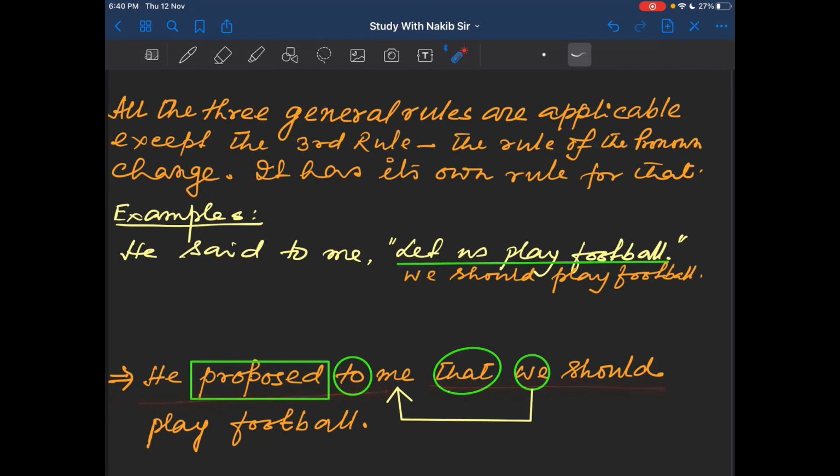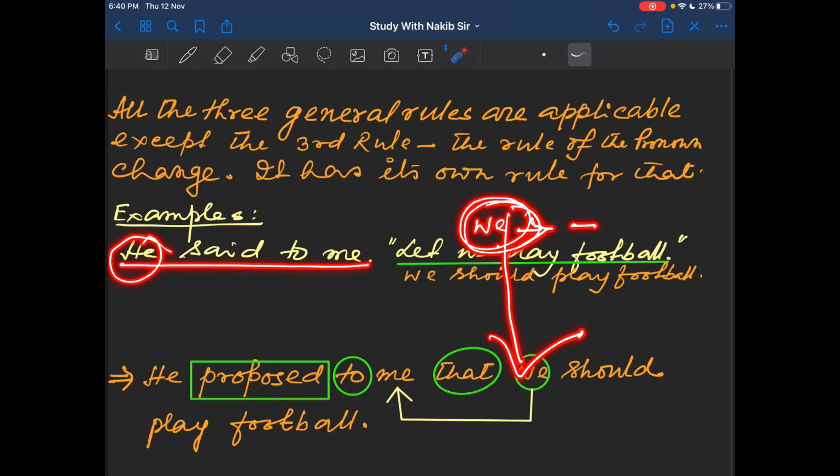Now one thing you must note here, that we remains unchanged in the indirect narration, but it was contradictory to rule 3 because it is the first person pronoun, and the first person pronoun is always changed according to the number and person of the subject of the reporting speech, but it is not so here. We remains unchanged here. How?